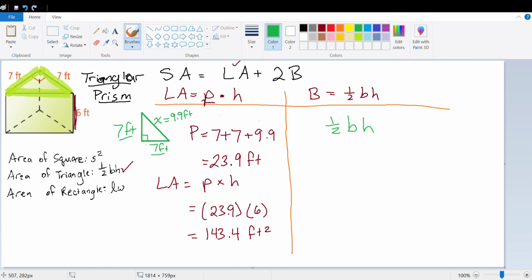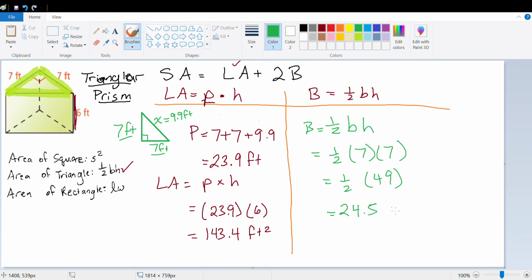This is the base, and that's the height of this solo triangle. We don't need that hypotenuse. So let's go ahead and find that area. It's going to be 1/2. So your base is 7. This is 7. 1/2 of 49 is going to be 24.5.